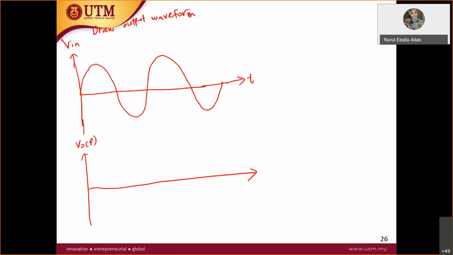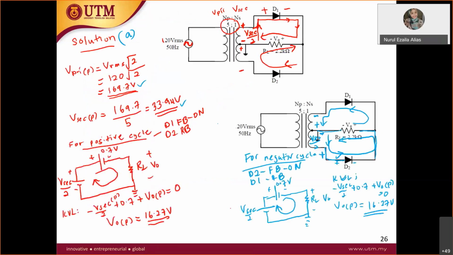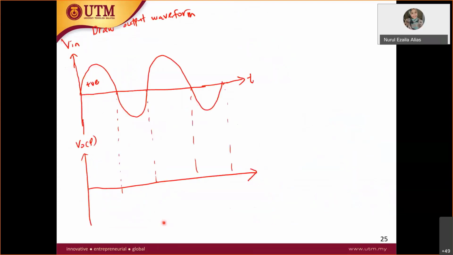During the positive cycle, if you can take down this value, how much is your voltage just now? During the positive cycle input, you are able to get V out plus 16.27 volt. So you draw like this.